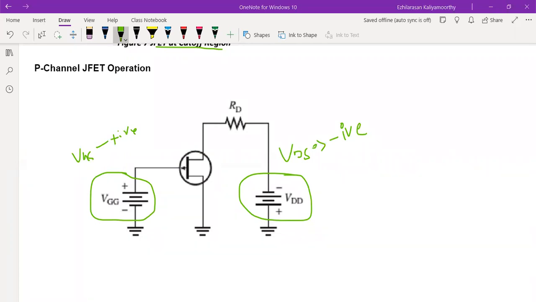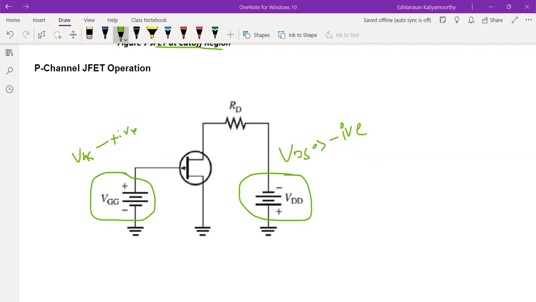Now let us see the comparison of the pinch off voltage and the cutoff voltage, because two voltages are there. The pinch off voltage, VP, is the value of VDS at which the drain current will become constant and equal to IDSS. The IDSS is nothing but Imax, the drain current maximum, and is measured at VGS equal to 0.